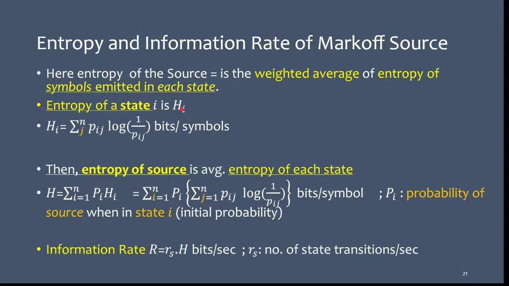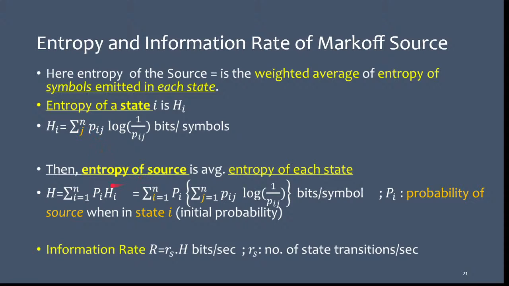Maybe state 1 or state 2 or state 3 and so on. So entropy of any of the states is equal to the summation of the transition probability from i to j, from state 1 to state 2, 1 to 3, 1 to 1, and so on, times log of 1 by probability. So many bits per symbol. So this you need to compute for all the states it is going to transit.